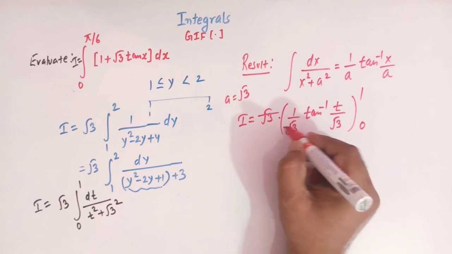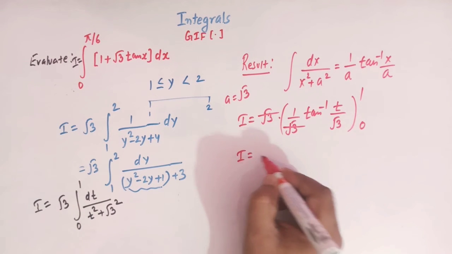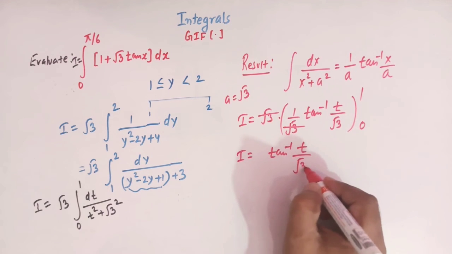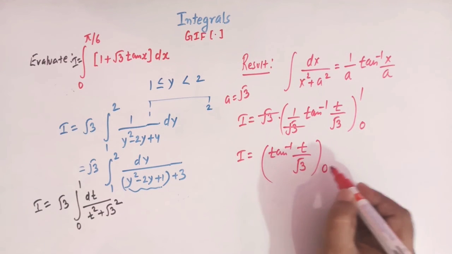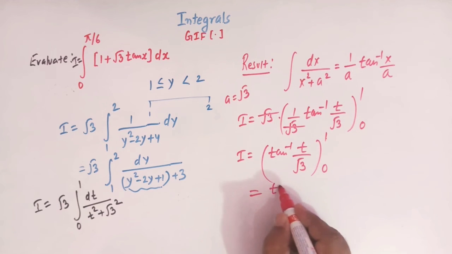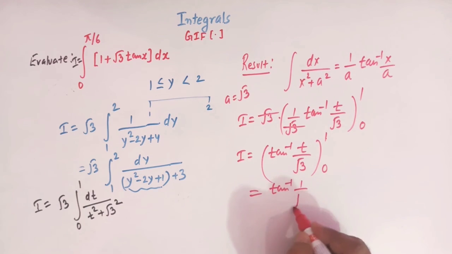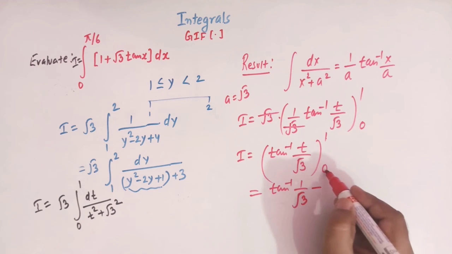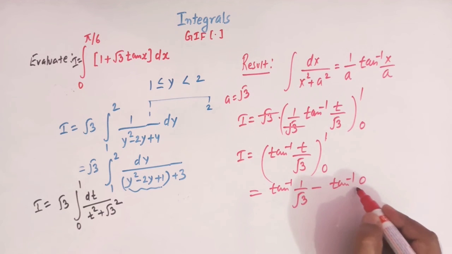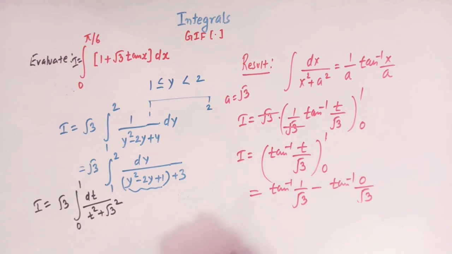So root 3 and root 3 get cancelled, and we have tan inverse t over root 3, and the limits are from 0 to 1, and when t is 1 we have tan inverse 1 over root 3, and when t is equal to 0 we have tan inverse of 0 over root 3, right?